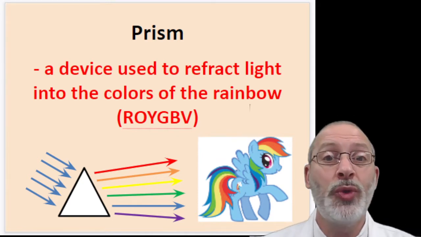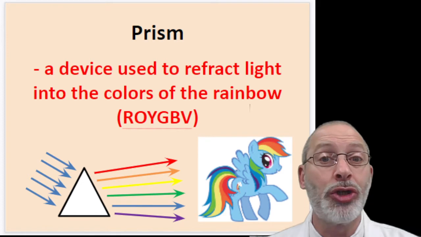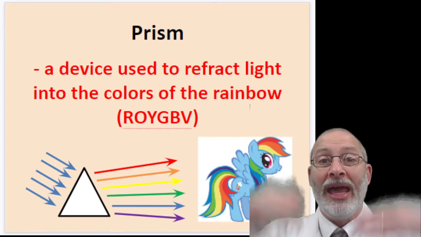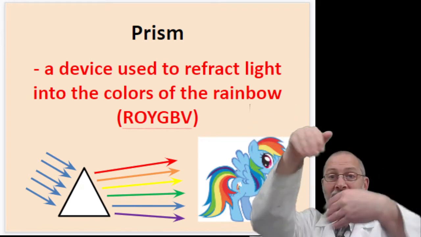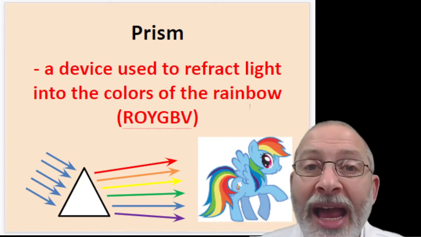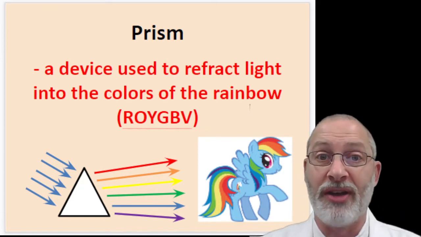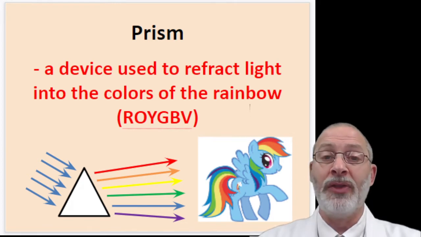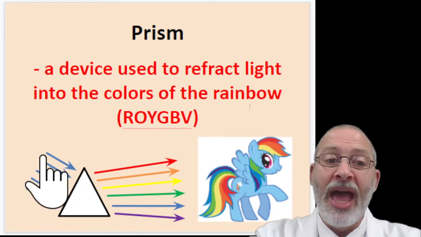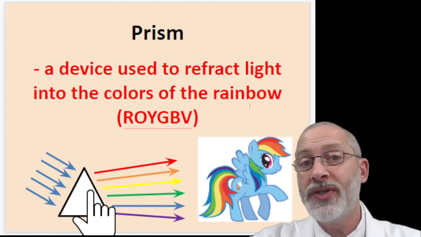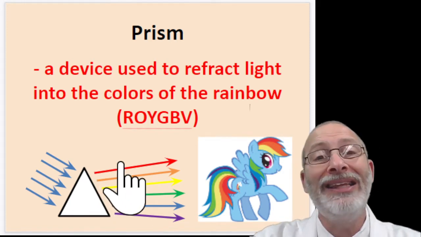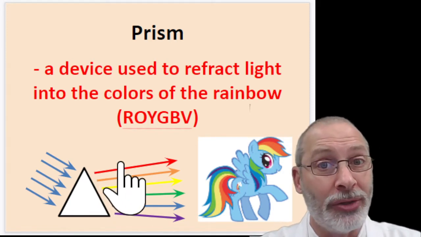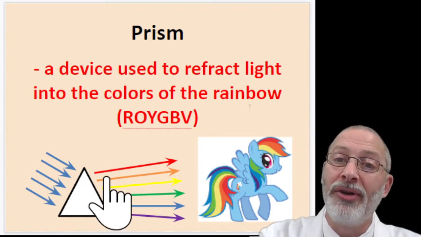Think about last week when we learned about the electromagnetic spectrum and electromagnetic waves and how different colors of light have different wavelengths. And those wavelengths, as they enter a prism, will be refracted at different angles because of the different wavelengths.